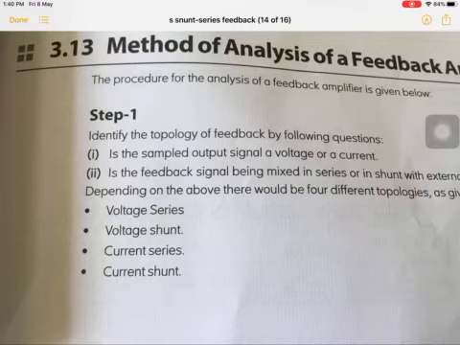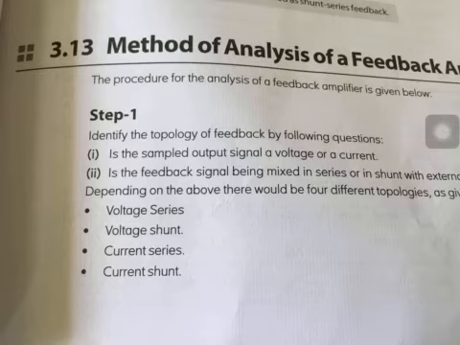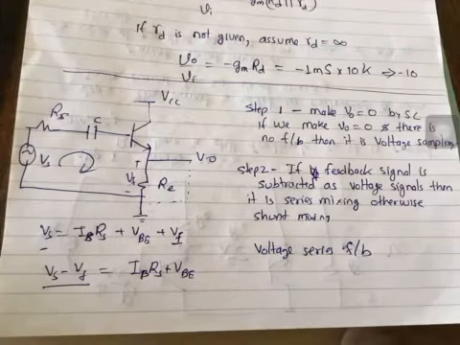If we are able to find out these two parameters, based on that we can define the four different topologies that we have discussed: voltage series, voltage shunt, current series and current shunt.